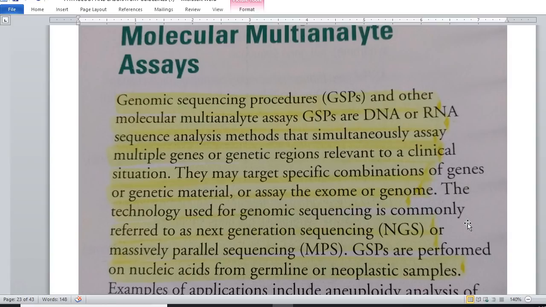We're looking at a series of genes or a genetic region of the human genome to try to figure out what's going on. They may target specific combinations of genes or genetic material, or assay the exome or the genome. The technology used for genomic sequencing is commonly referred to as next-generation sequencing, or NGS, or massively parallel sequencing, MPS.